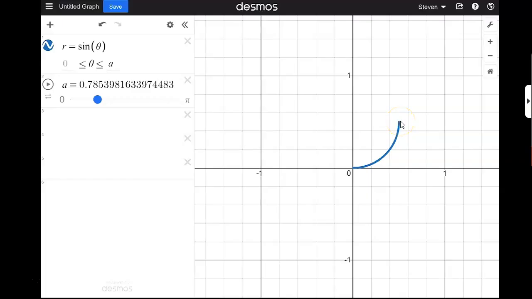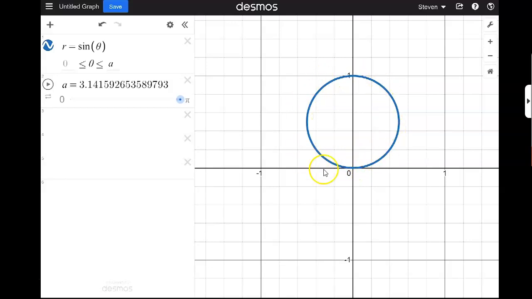We know sine's positive in the first quadrant, so these are all first quadrant things. Keep going. Now we're facing straight up at pi over 2, and we've constructed actually a half of this circle. And we keep going, and by the time we reach pi, we've completed the graph.